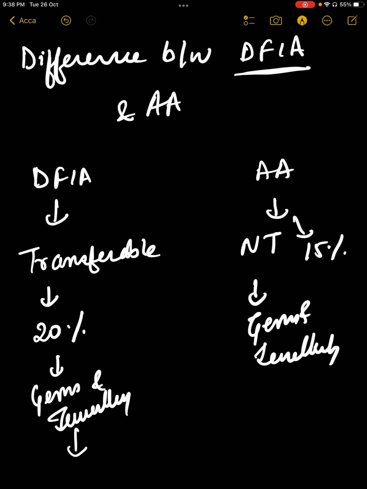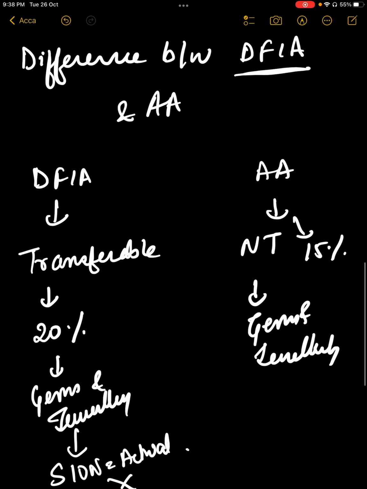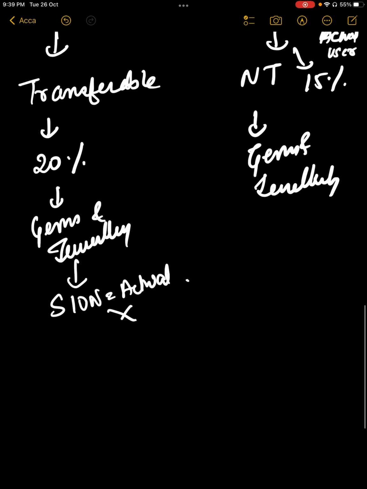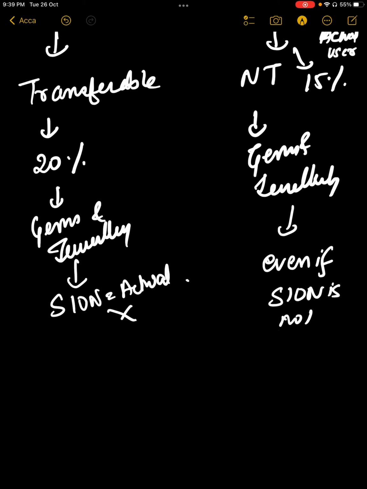If there is a SION which has an actual user condition, then DFIA is not applicable. SION with actual user condition is applicable for advance authorization, even if SION is not fixed.